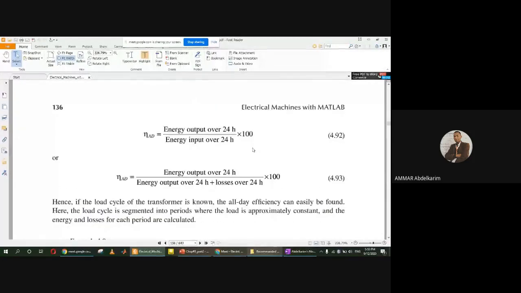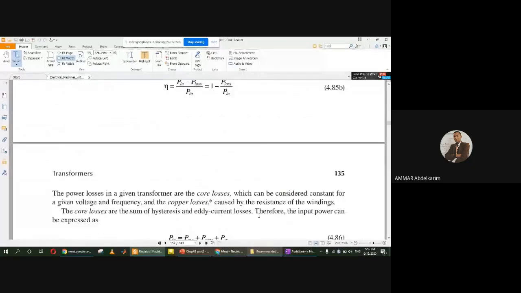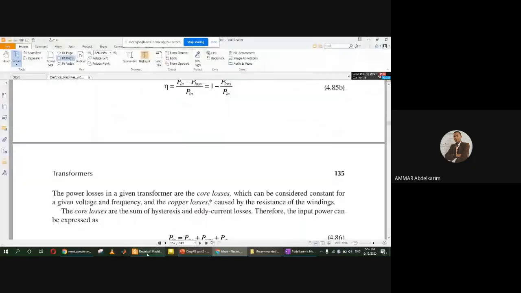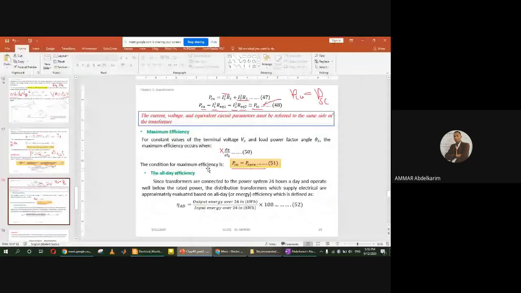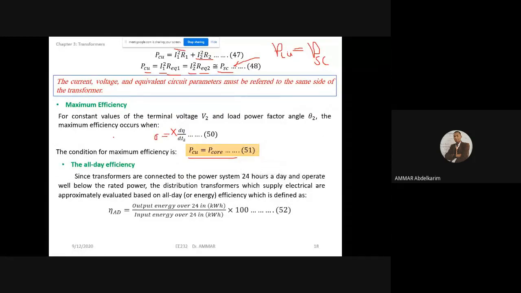Okay, no, the proof is not in this textbook, but I will check. Normally, the derivative is equal to 0. I think I have taken it from another textbook. When this derivative equals 0, we will have P copper equals P core. This is the condition of the maximum efficiency.